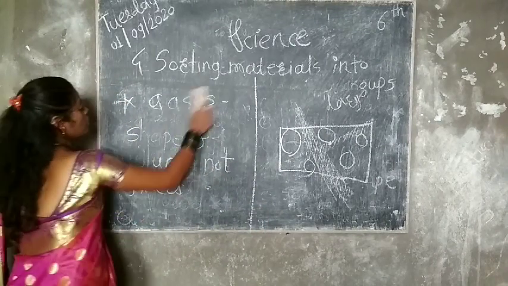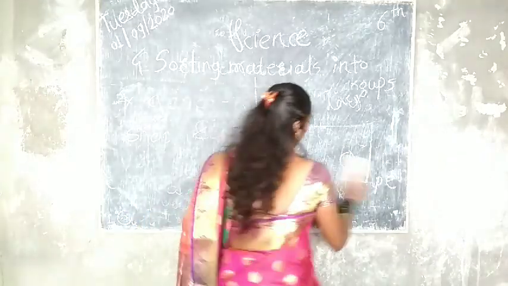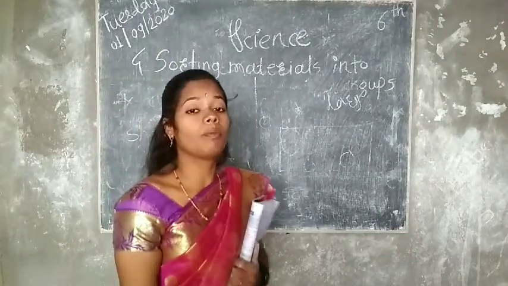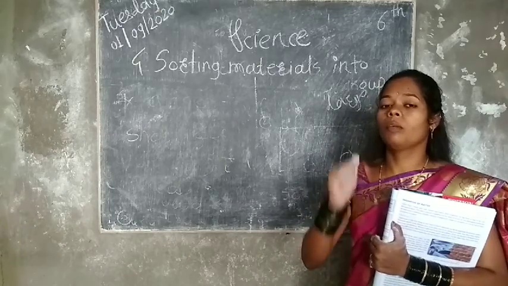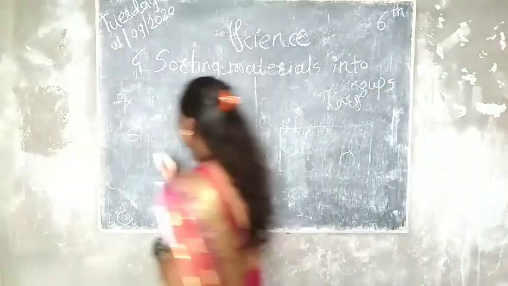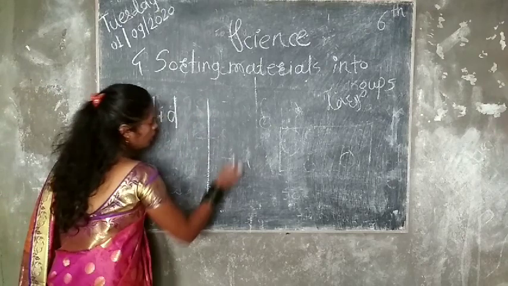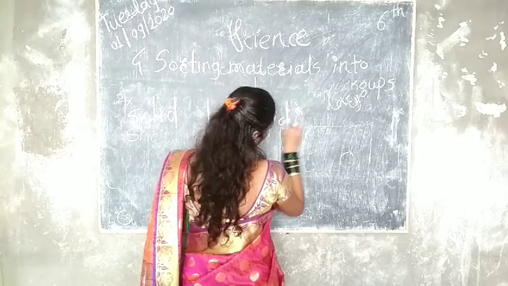Now we have to discuss the comparative study of these three states together, that is solid, liquid and gases. From the examination point of view, this is a very important question: to differentiate solid, liquid and gases.